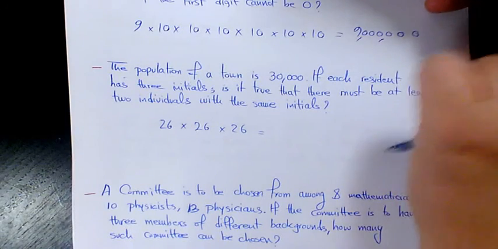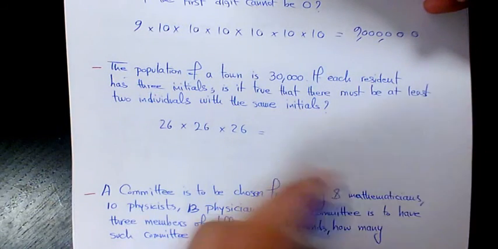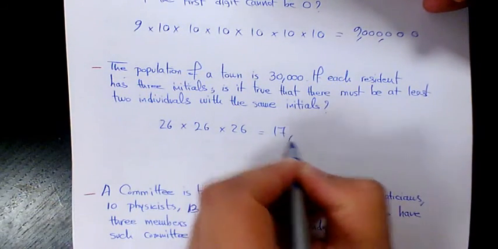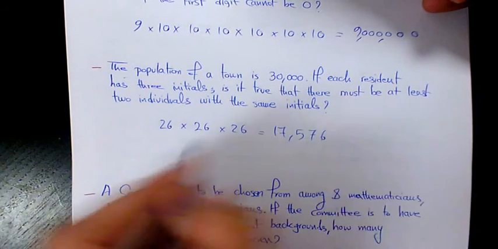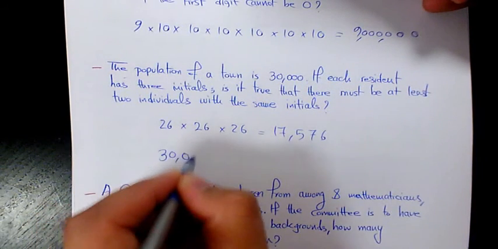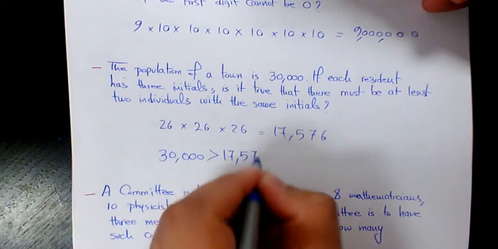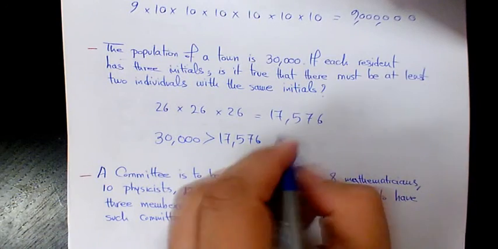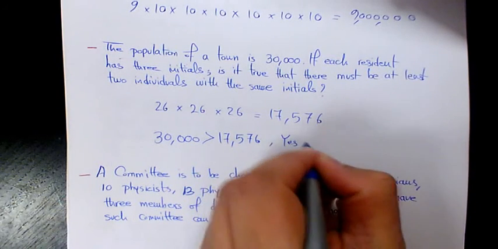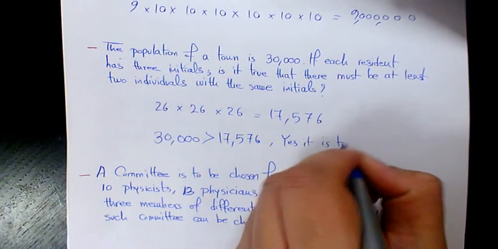That's going to be 26 to the power of 3, which gives me 17,576. As you see here, 30,000 is greater than 17,576. So we're going to say yes, it is true.